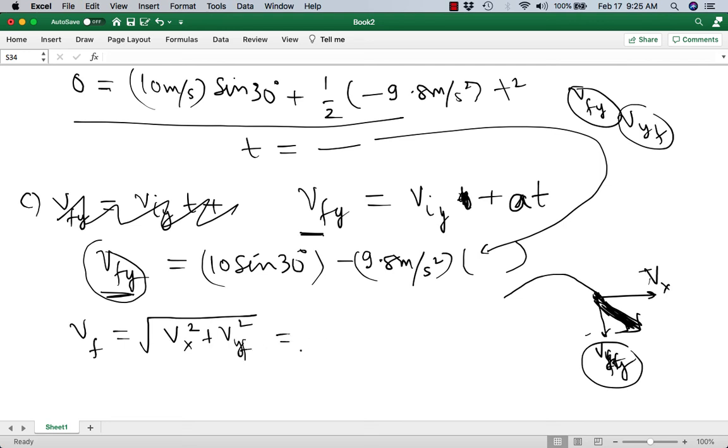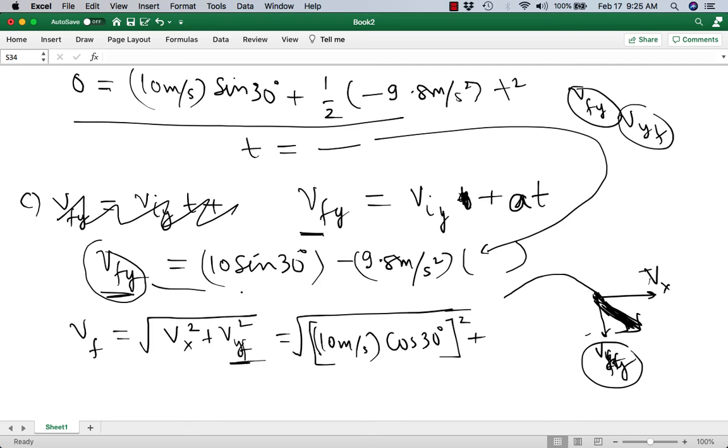The x component is the same throughout the motion. It's 10 meters per second cosine 30 degrees. It doesn't change. And then you square that plus this, whatever you find from here, square that and then do the calculation.